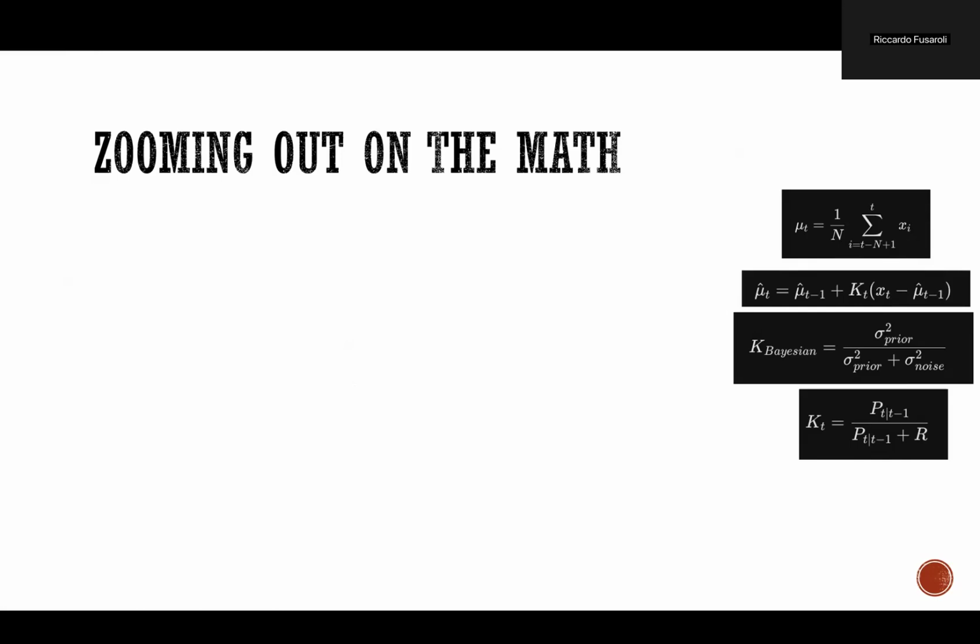But this value gets updated according to a very specific formula, which is alpha times the predictive error. What is the predictive error? It is the feedback minus v at t minus 1.